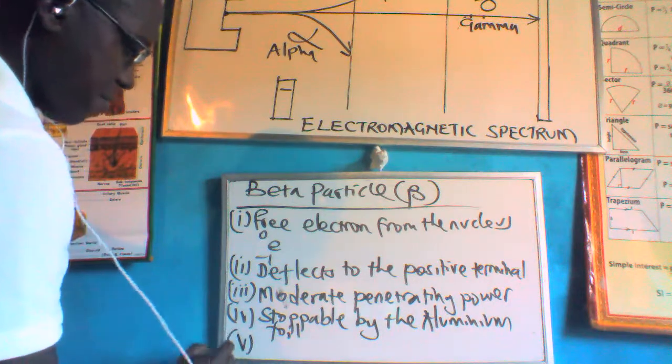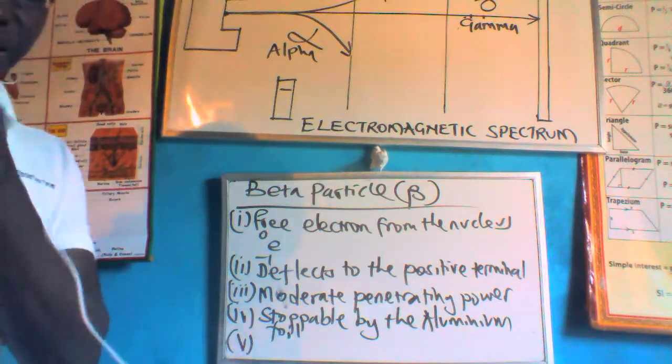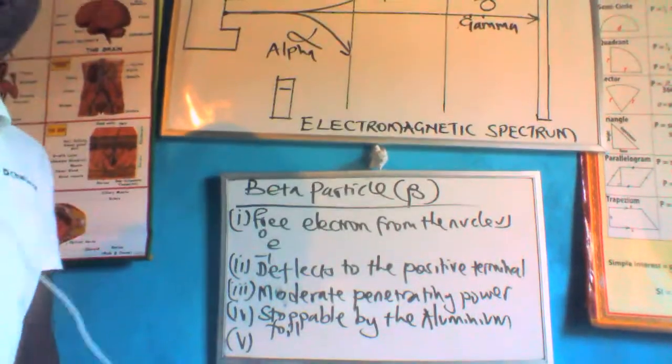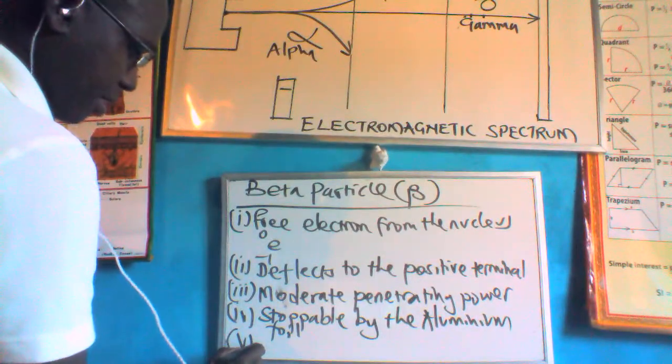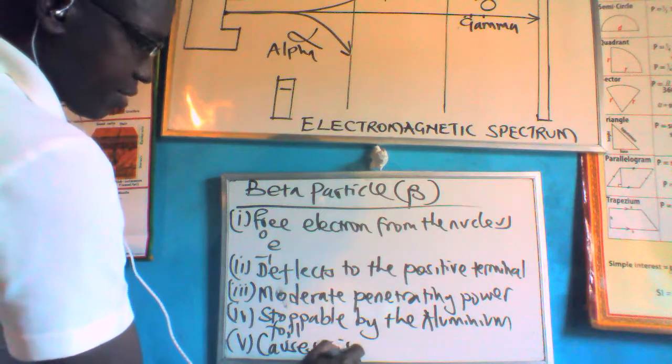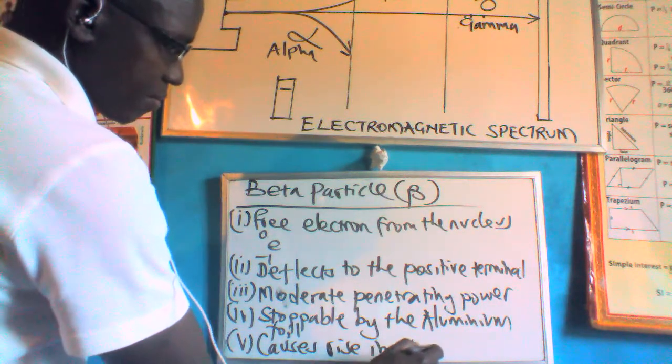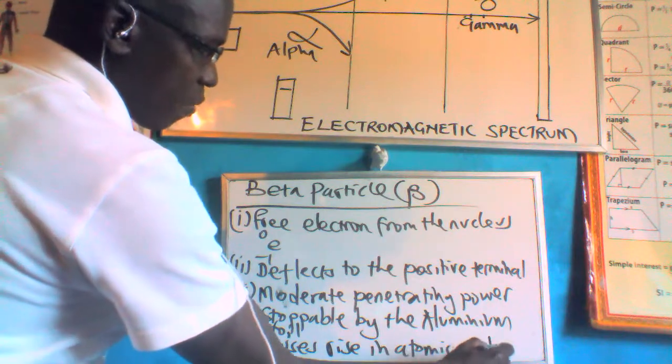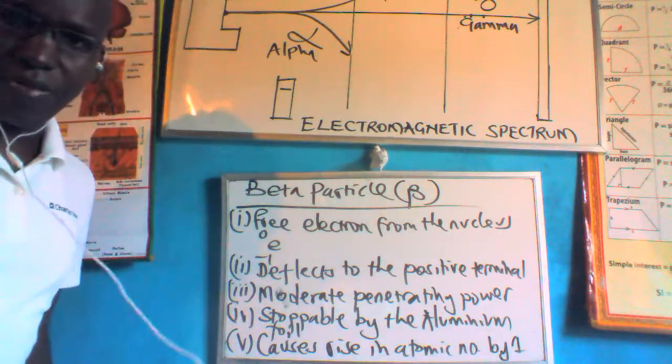And number five, when emitted, it causes a rise in atomic number by 1. Let's look at this briefly.